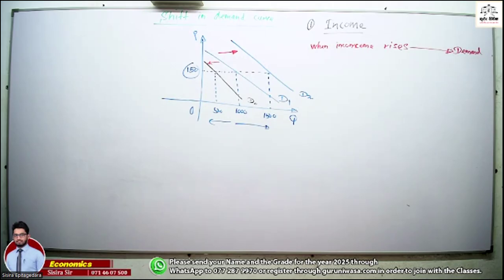When income rises, demand goes up. But remember, for some products it is different. For example, when your income increases, do you like to buy low quality, cheap phones like Nokia or some Huawei phones?